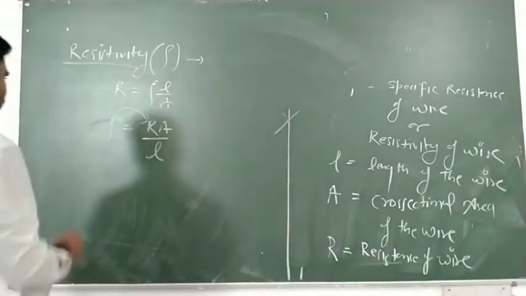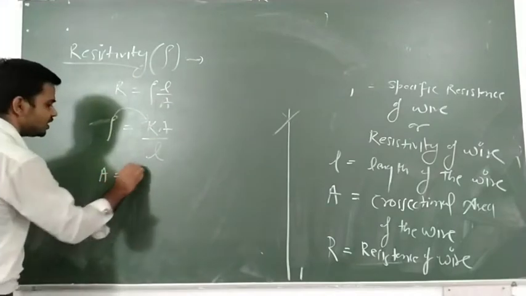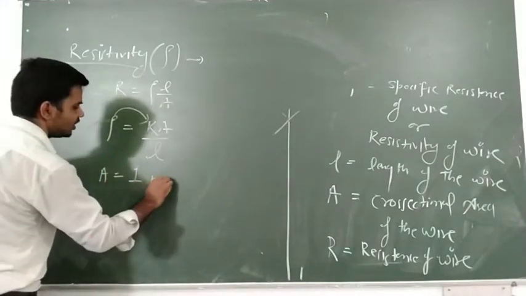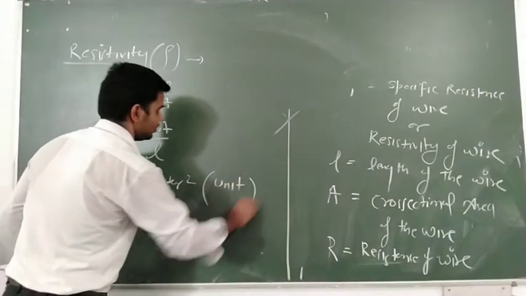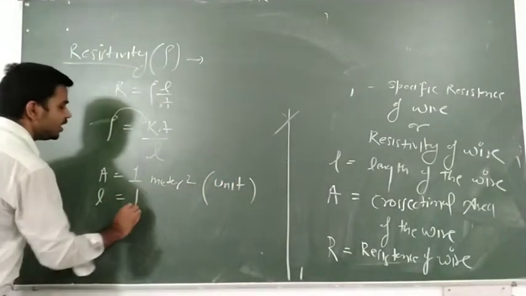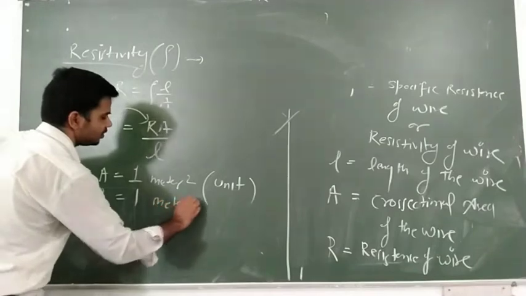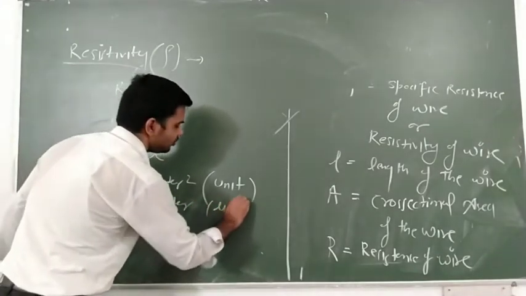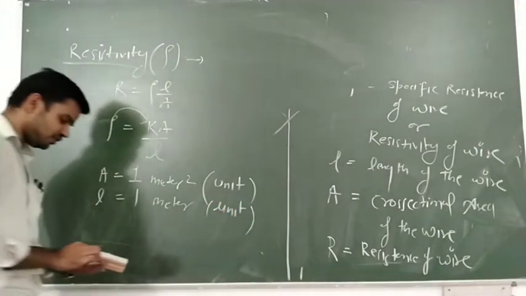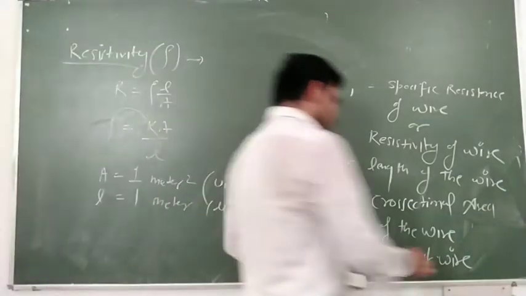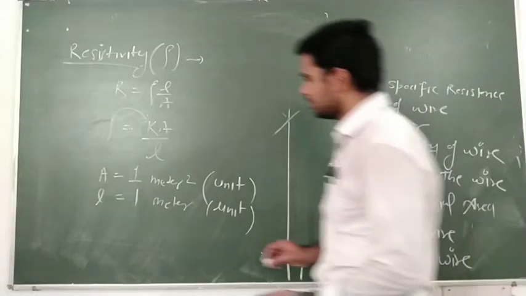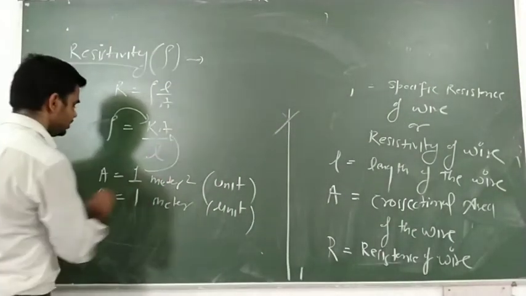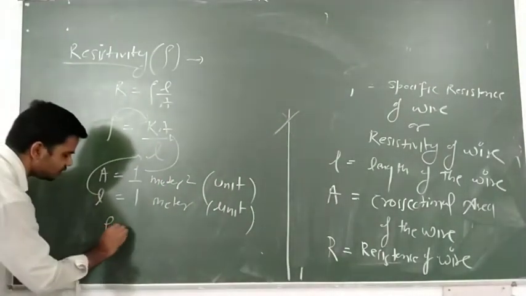So just assume cross sectional area as 1 meter square unit, and the length of the wire as 1 meter. Again this is also called unit. Unit means 1.